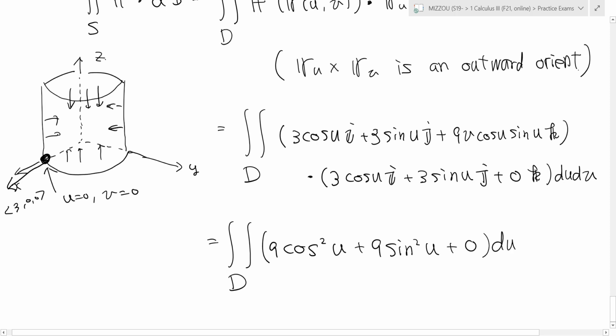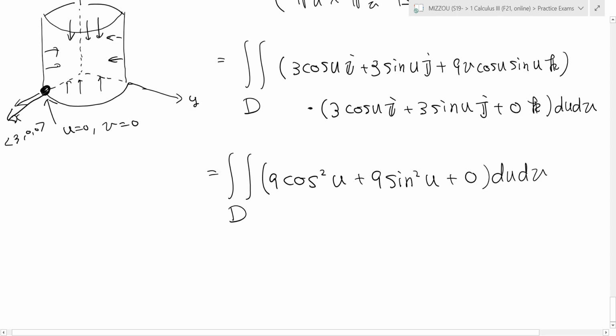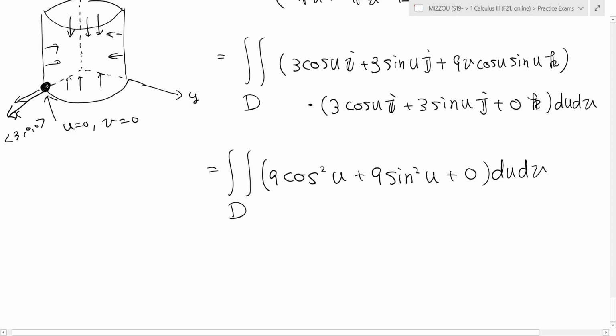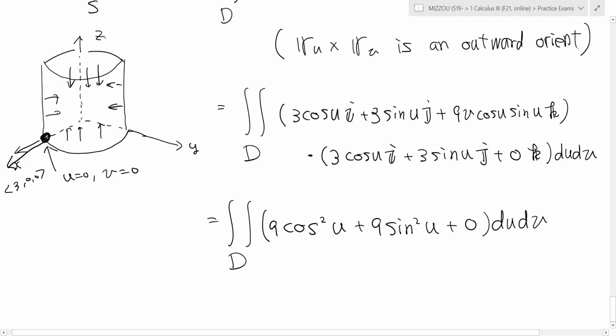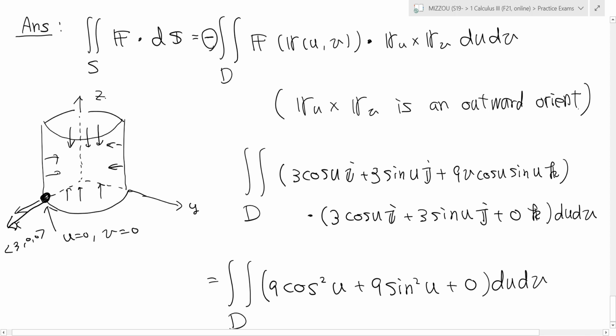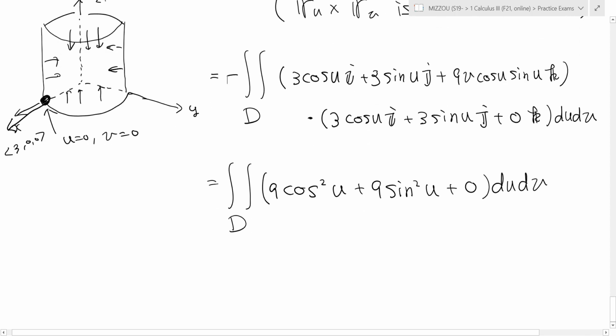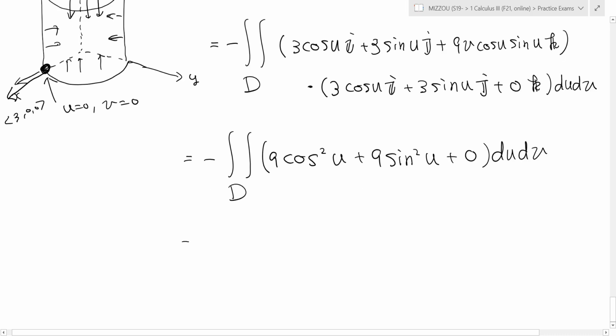And now, cosine squared plus sine squared is equal to 1. Oops, I forgot the negative sign here, sorry. This negative sign has to be here, and that is equal to negative double integral of 9 du dv.